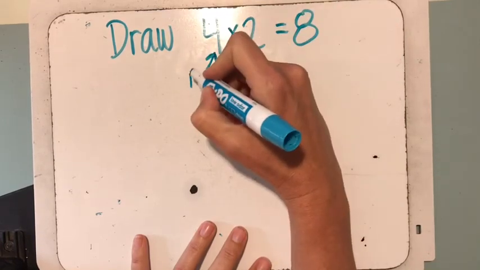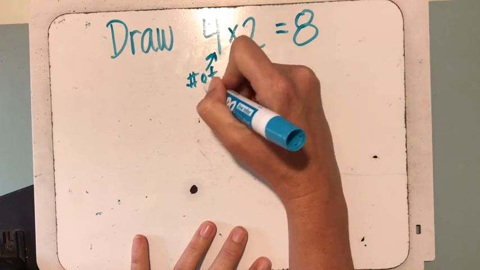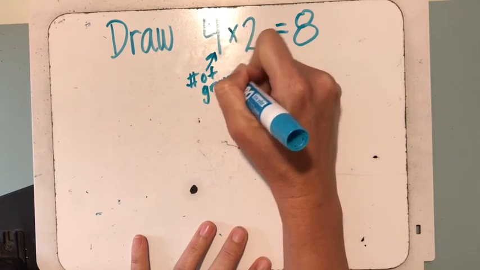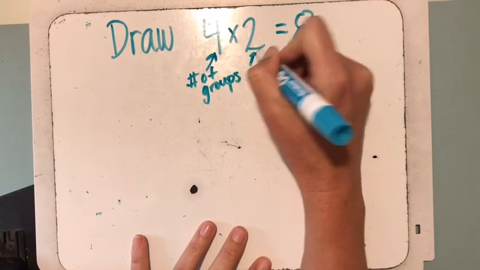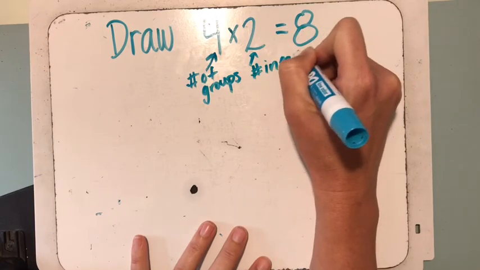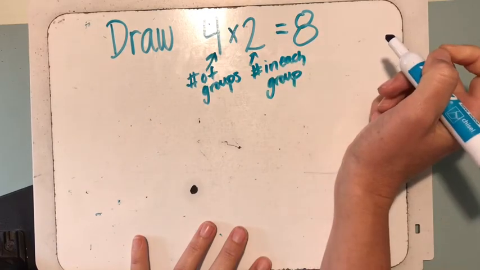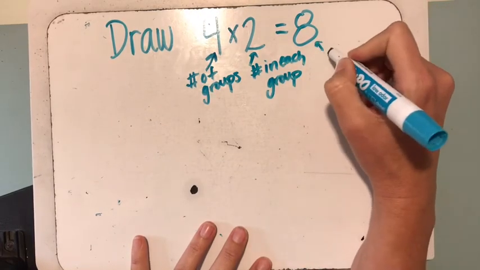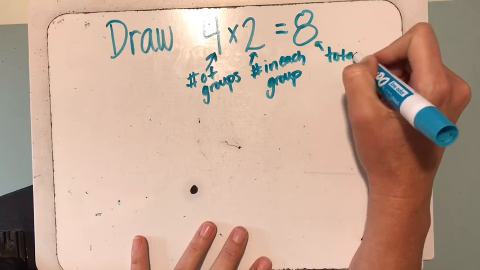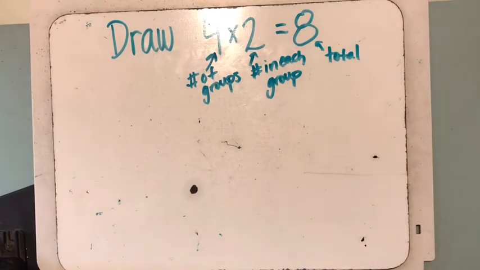Remember what this one is? Number of groups. So you're going to have 4 groups. And then this one is number in each group. So maybe there's stars, maybe there's circles, maybe there's squares. And then you should have a total of 8. Pause the video and draw your picture.